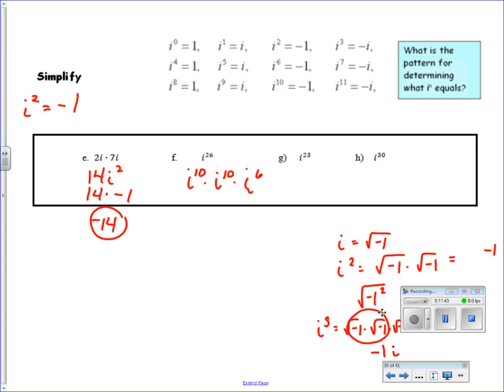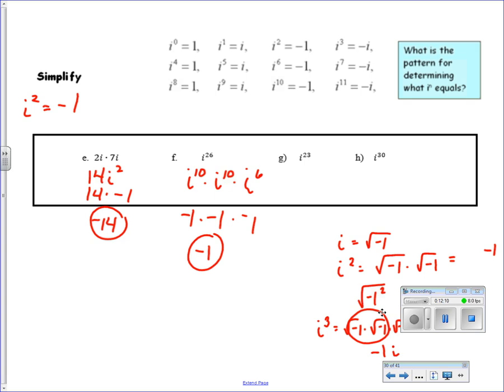Now I have to figure out what i to the 10th is. -1. So I'm going to have -1 times -1, and then I have to figure out what i to the 6th is. And i to the 6th is also -1. So what's -1 times -1 times -1? -1. Done. Simplified.